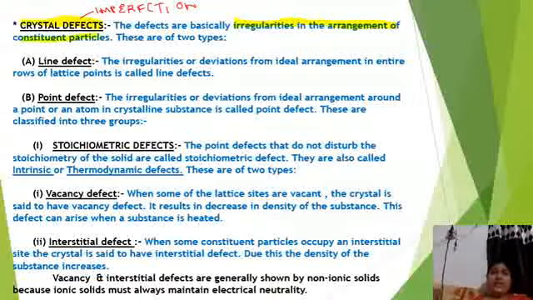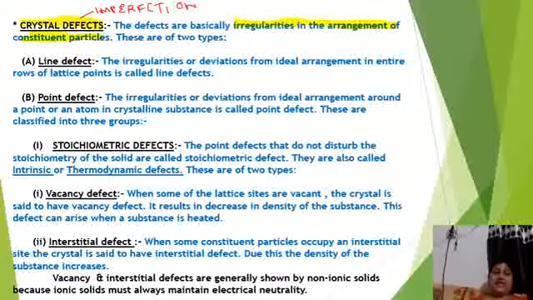What I said, I repeat. These are the imperfections or irregularities that arise due to the misarrangement or irregular arrangement of constituent particles. Either the constituent particle is an atom, an ion, a molecule or a solid, whatever that is, it depends on that.